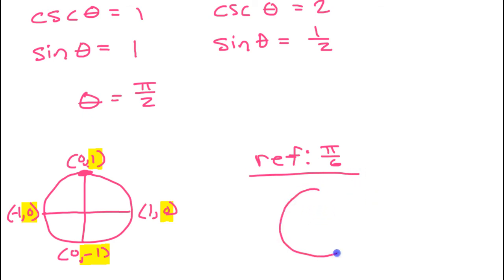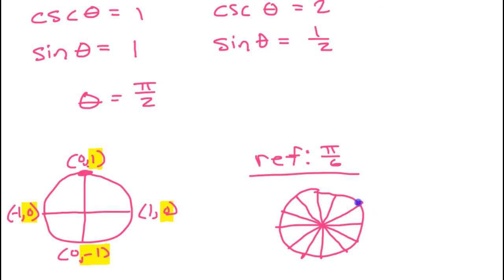Consider a diagram of multiples of pi over 6, which you should not have to draw. You should be able to do this in your head. I'm just showing you what I'm thinking.